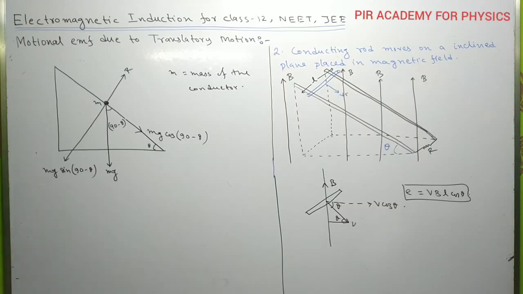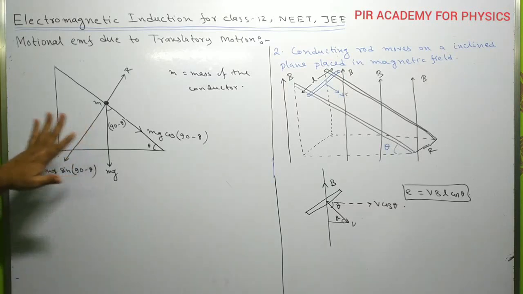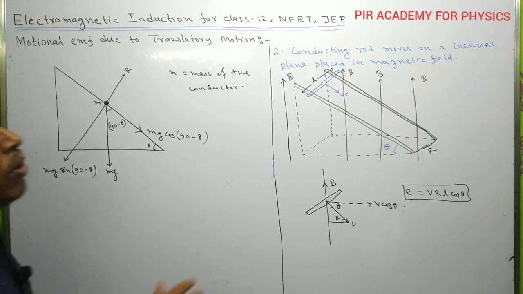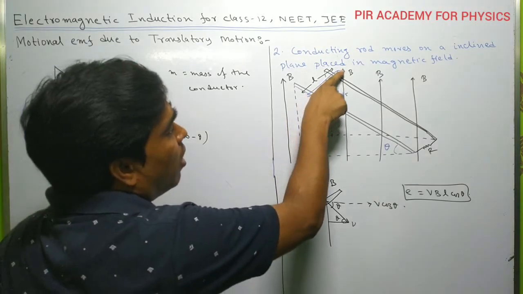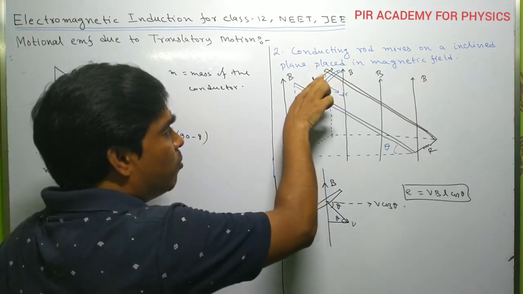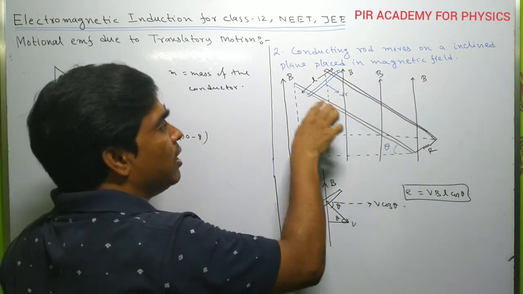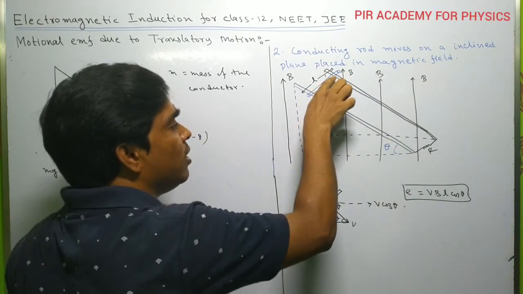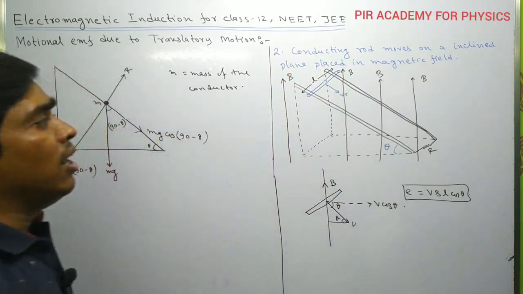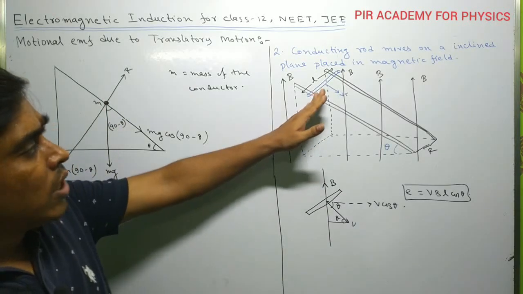Now there will be a magnetic force. When this conductor moves in a magnetic field, there will be an induced current.